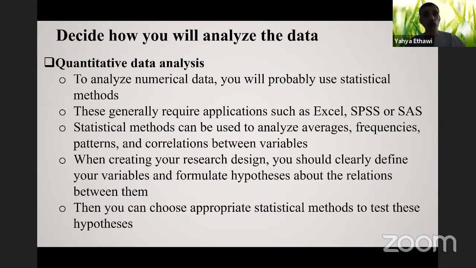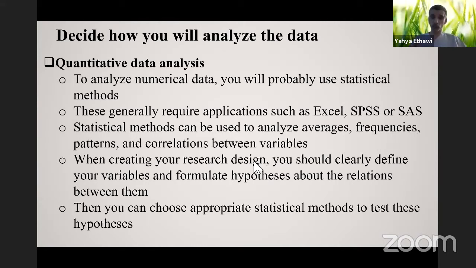So when we do quantitative data analysis, to analyze the numerical data, you probably need a statistical method. We can use Excel or SPSS or SAS. The statistical method can be used to analyze the average, the frequency, the pattern, the correlation between these variables.